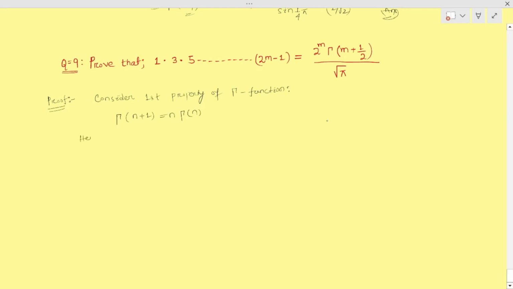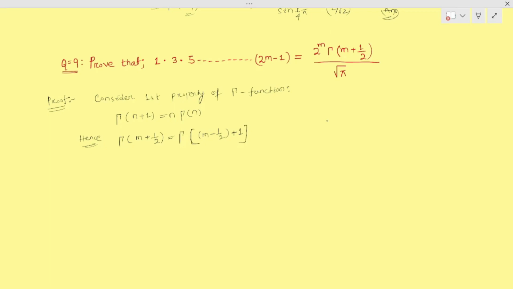Hence, suppose we are going to consider gamma m plus 1 by 2. This m plus 1 by 2 also can be written as m minus 1 by 2 plus 1, right? Here minus 1 by 2 plus 1 is nothing but plus half.